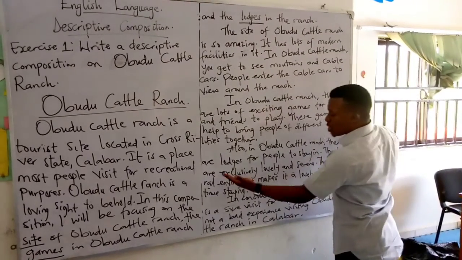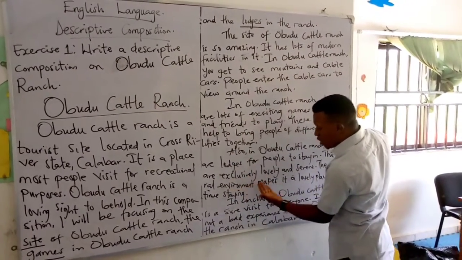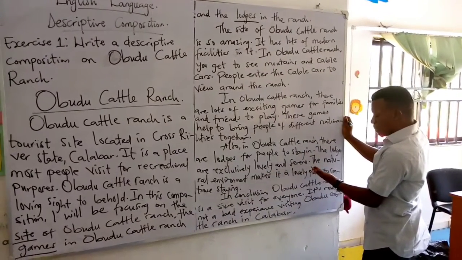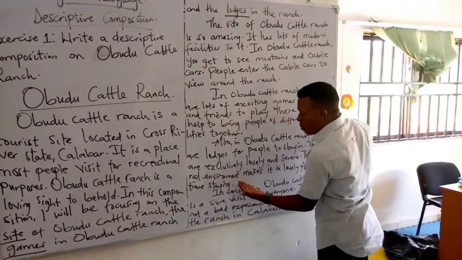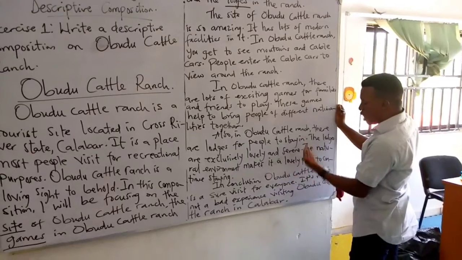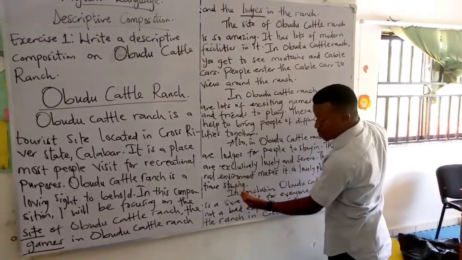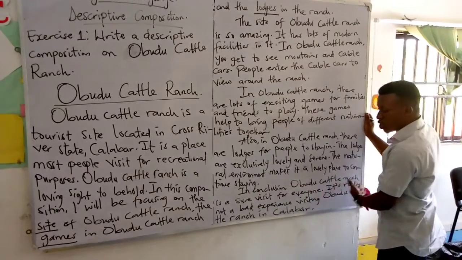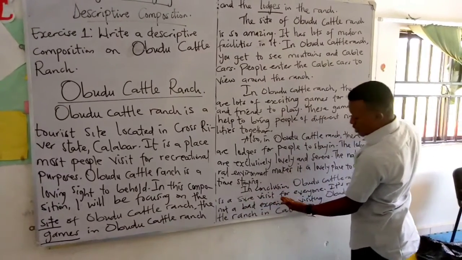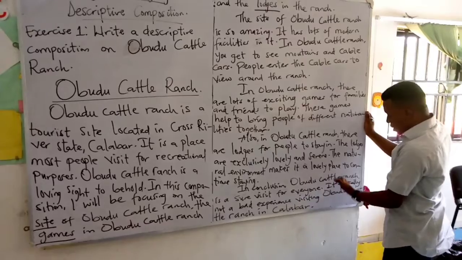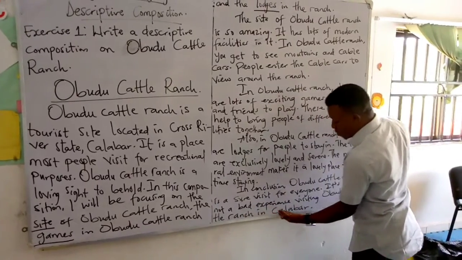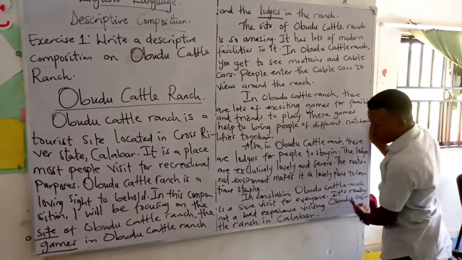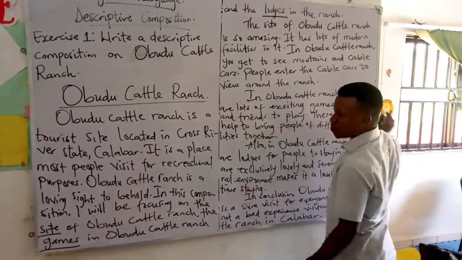The lodges are exclusively lovely and serene. The natural environment makes it a lovely place to continue staying. In conclusion, Obudu Cattle Ranch is a sure visit for everyone. It's really not a bad experience visiting Obudu Cattle Ranch in Calabar.